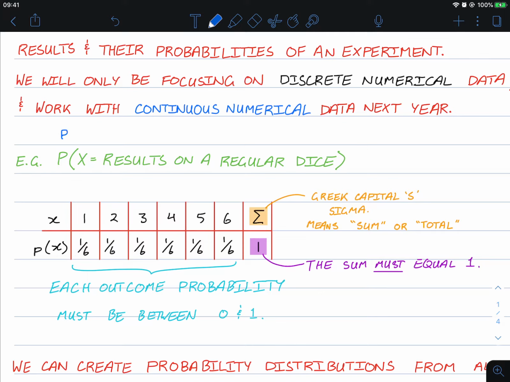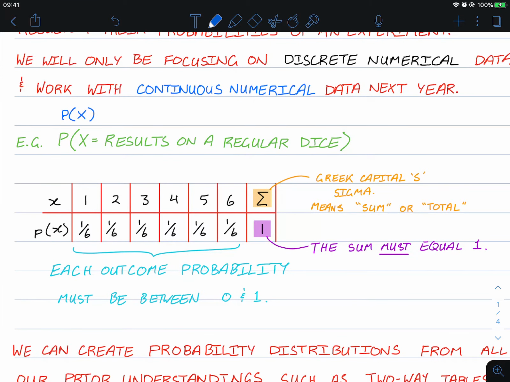First, we need to understand what this notation here is. P of capital X. X is the experiment that we are running. An example of this is P of X is equal to results on a regular dice.